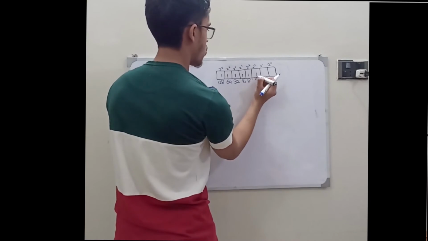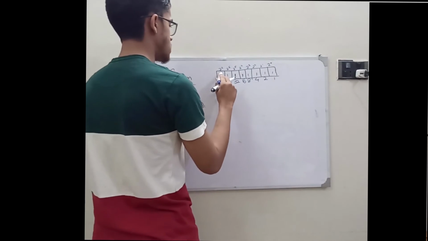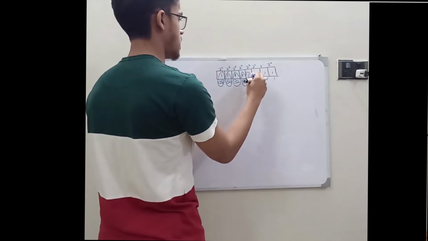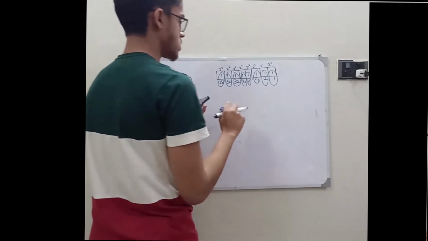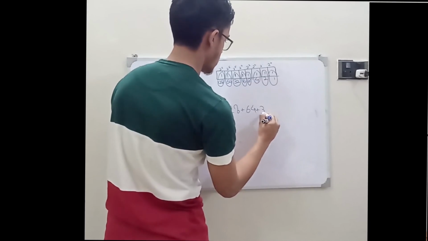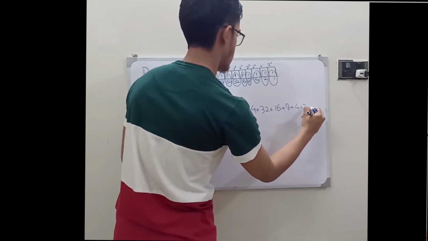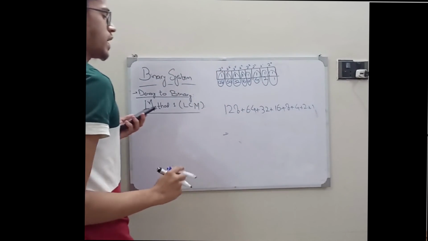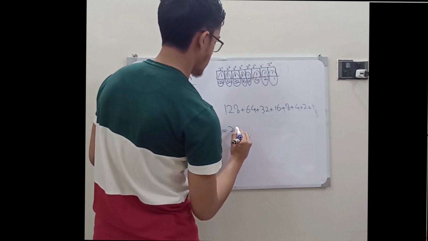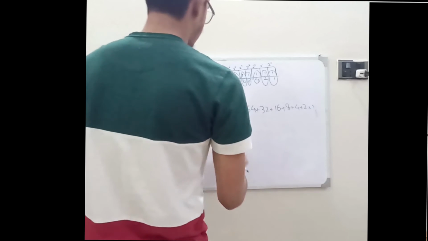So we add all of these as stated: 128 plus 64 plus 32 plus 16 plus 8 plus 4 plus 2 plus 1. You can check it in a calculator. It eventually becomes 255.